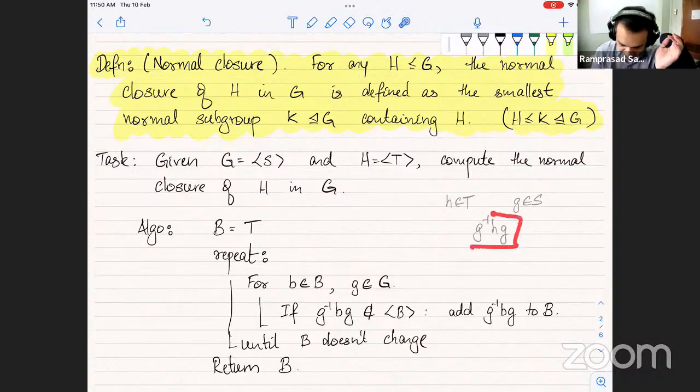Right now you have one element. What do you propose to do with this one element?